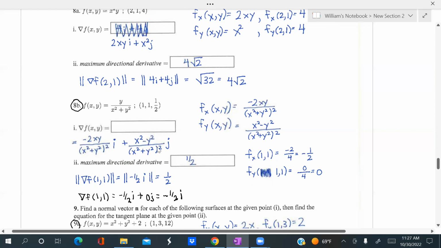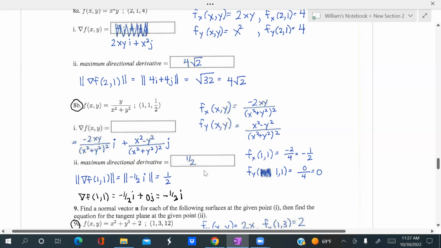And then when you plug 1 in for x and 1 in for y into this formula, that's the partial derivative with respect to y. That's what's going to be multiplied by j in the gradient vector. Well, when you plug 1 and 1 into this formula, you end up getting 0. That looks correct also.